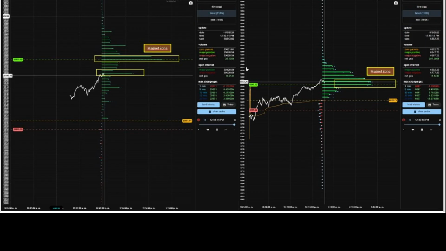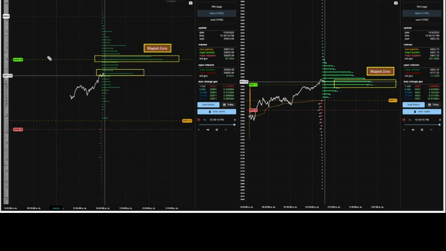Okay, now speaking a little bit about GEX. GEX is all about 0 DTE data. What I said before, we want to see an imbalance between negative gamma exposure and positive gamma exposure. What does it mean?